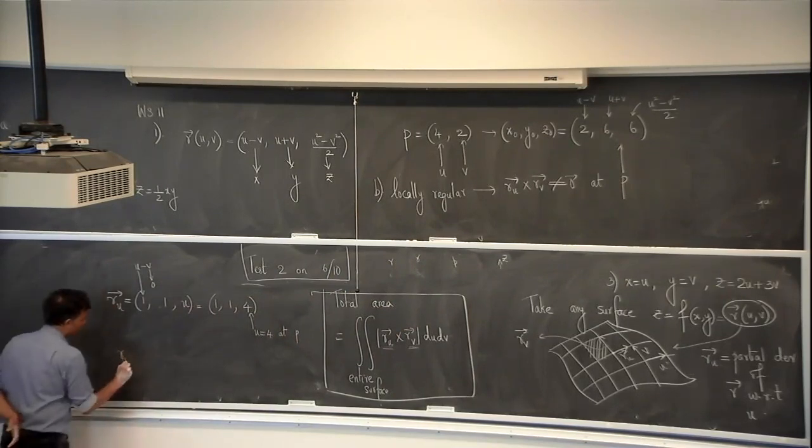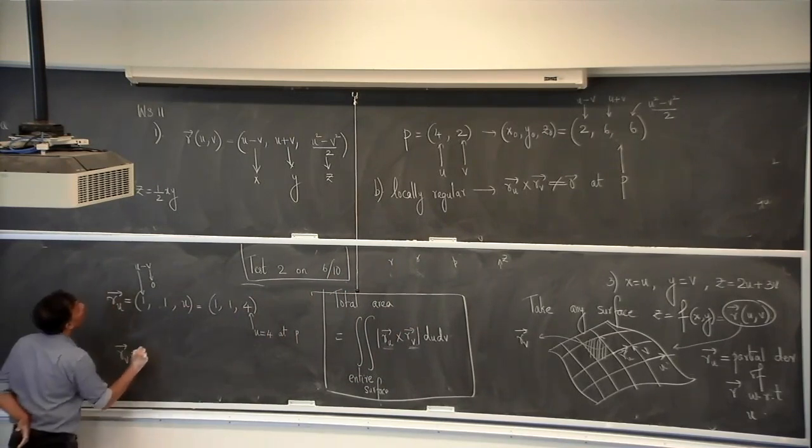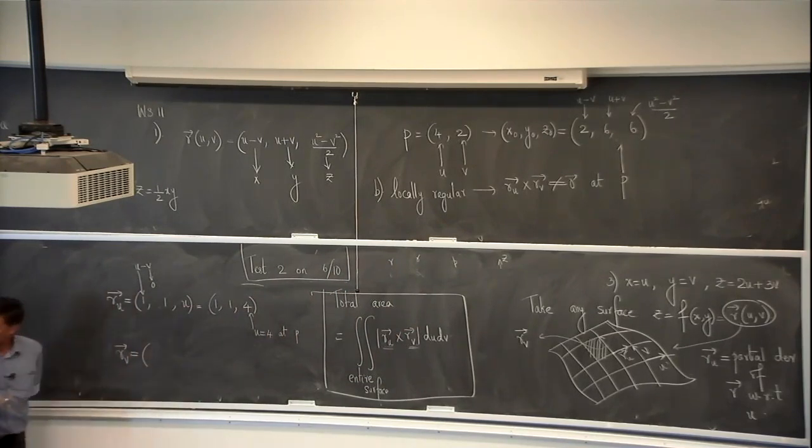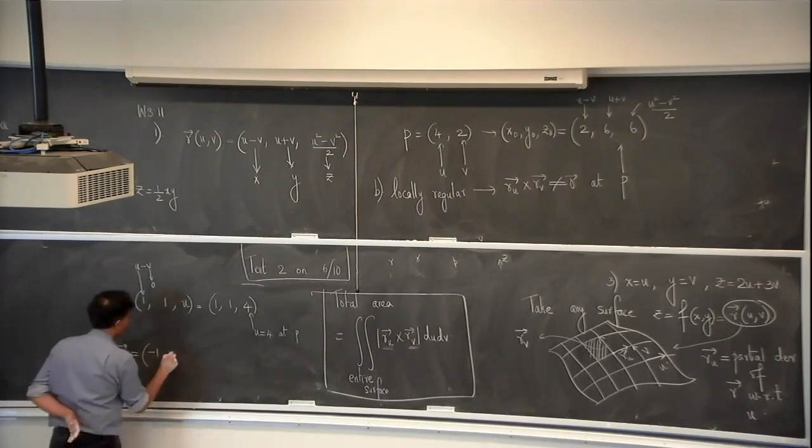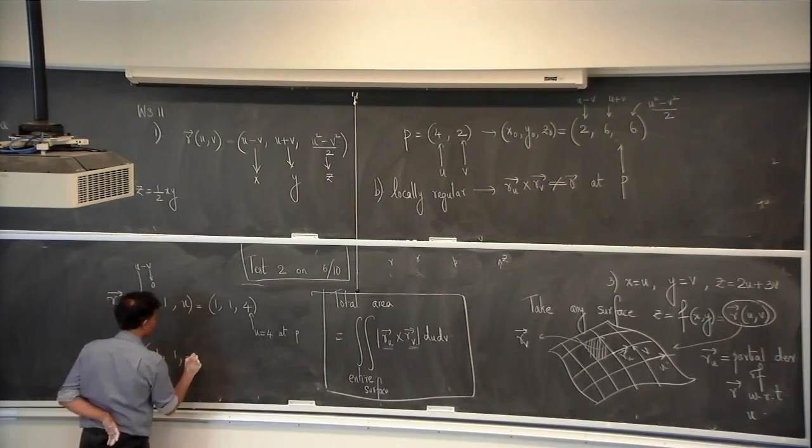And partial r with respect to v would be. Can somebody online tell me what the components would be? Could be an embarrassing question, but. Negative 1, 1, and negative v. Negative v, good.